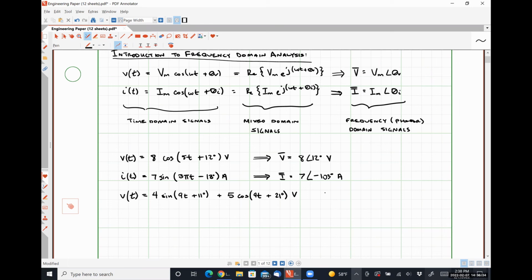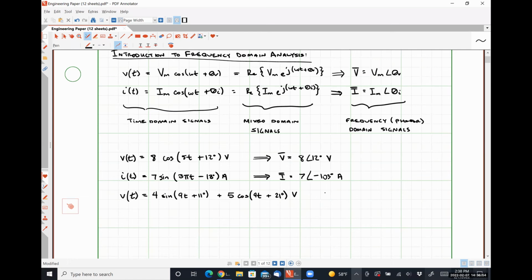So we showed on Friday's lecture that adding two sinusoids like this in the time domain was at a minimum a huge pain in the butt, right? Took us a really long time.